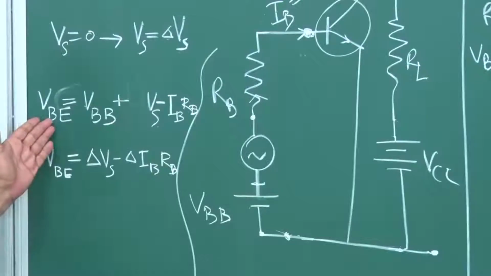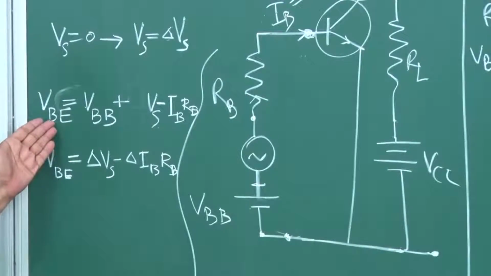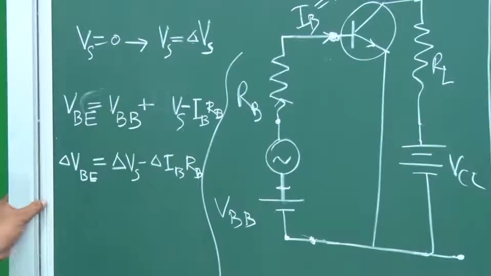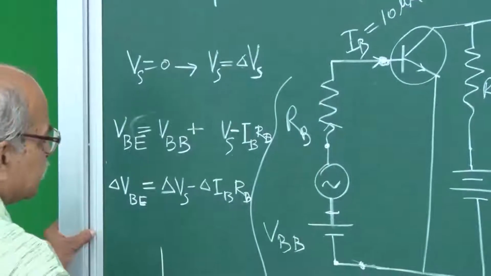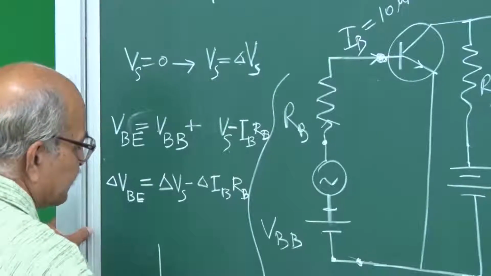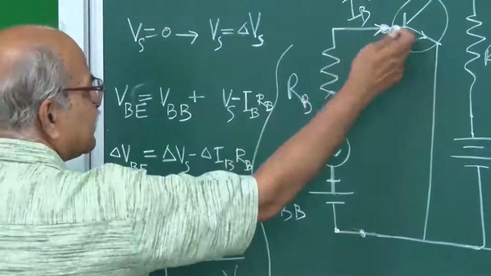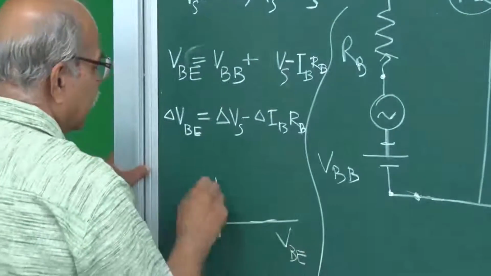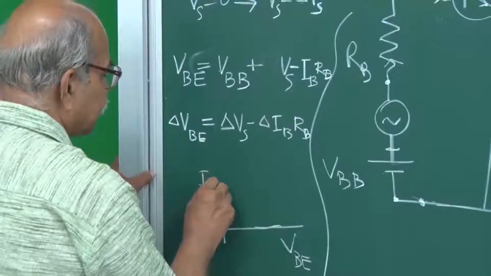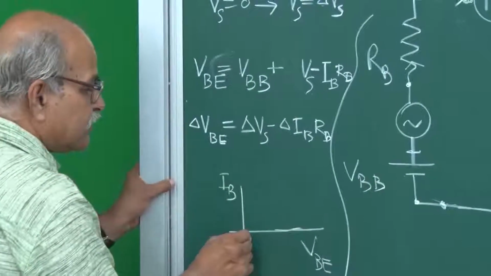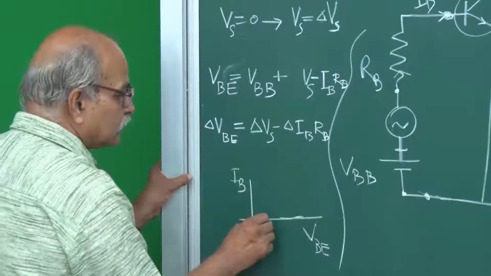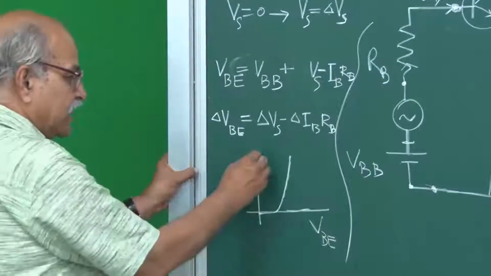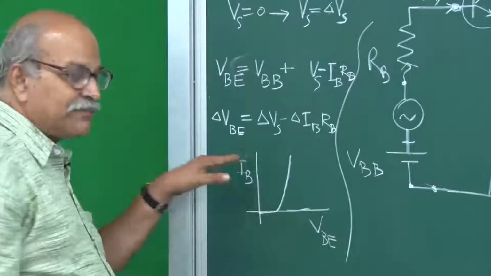Now this VBE you cannot really change much. Why? Because if you remember, the characteristic is of a PN junction, and in this case the base emitter junction, input characteristics, VBE here and IB here. It is just a PN junction with values of IB in the microampere range.